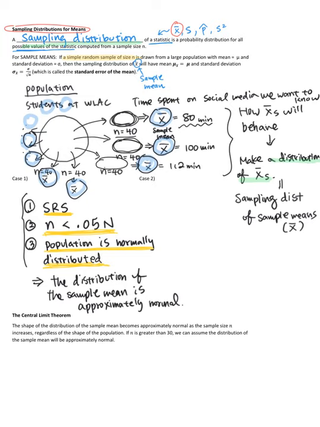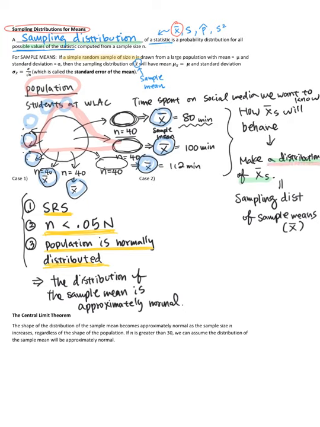For this example of time spent on social media, let's say we know that the time spent on social media for West LAC students is normally distributed. Usually we don't, but let's say we know that the population is normal.